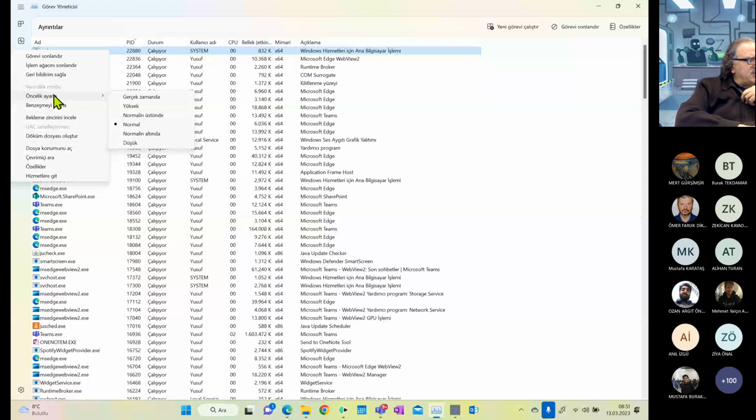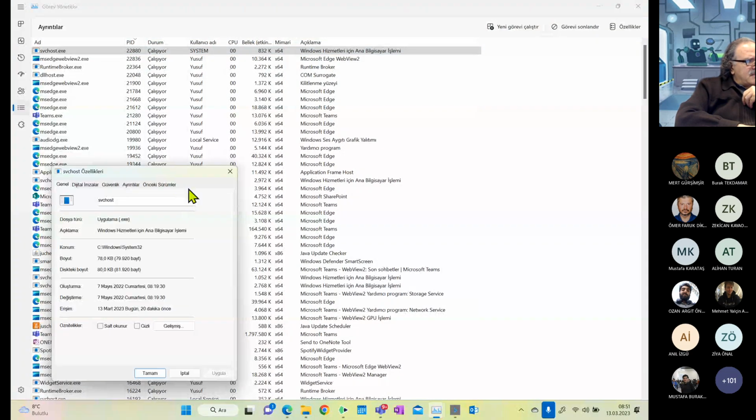See this one, I can change the priority of the process. This is the priority of the process. If I make this very, very high, then during the scheduling process, this process will get priority.